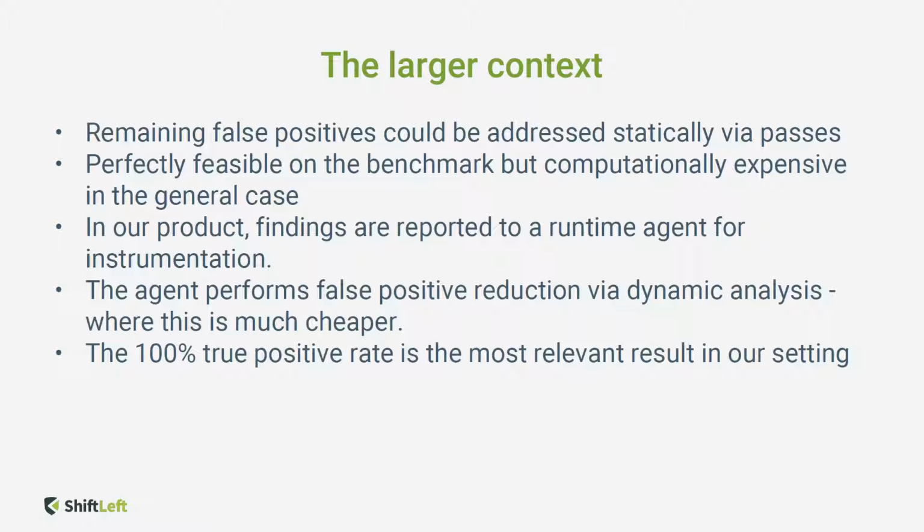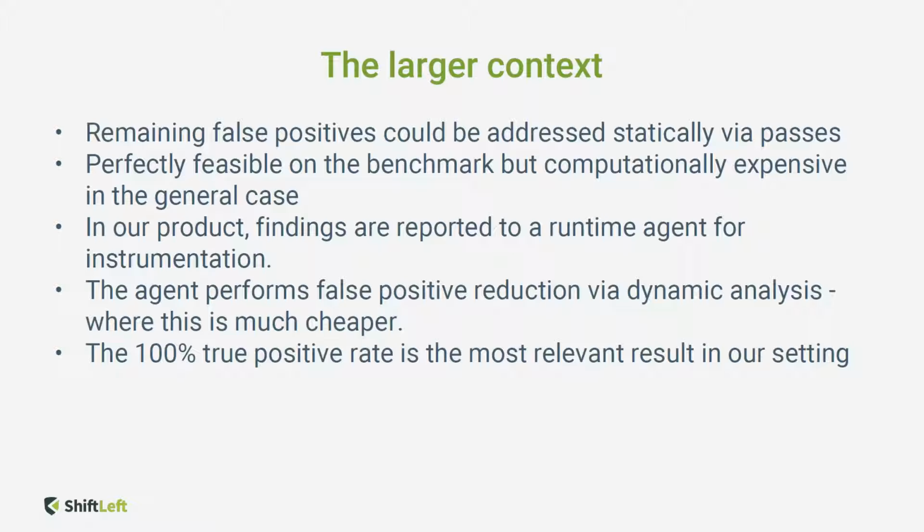Another important thing to understand about the setting we work in: our product doesn't report these findings to an analyst only to look at those, but instead it uses this information to instrument a runtime agent.